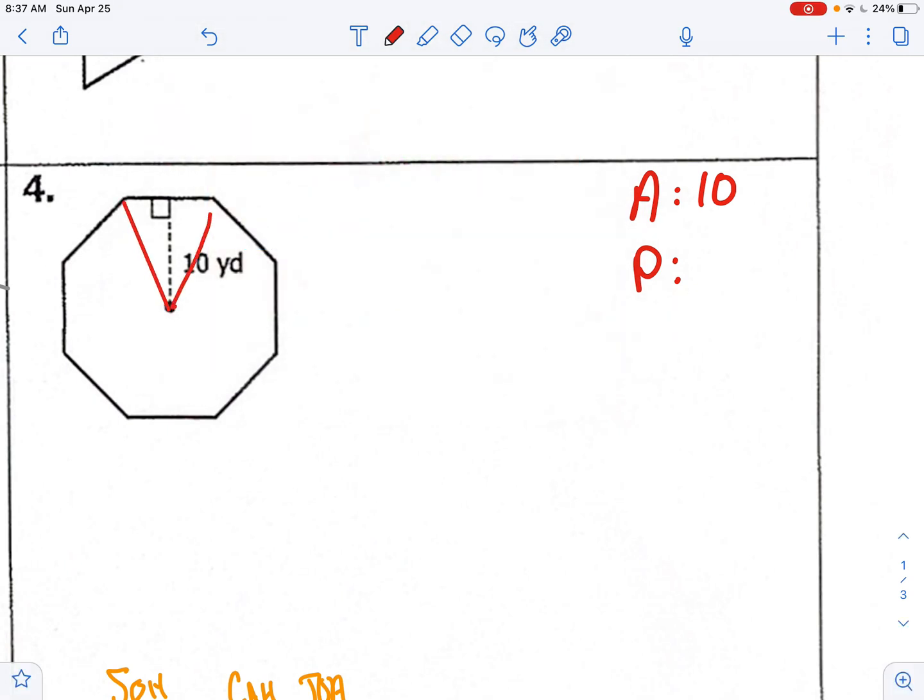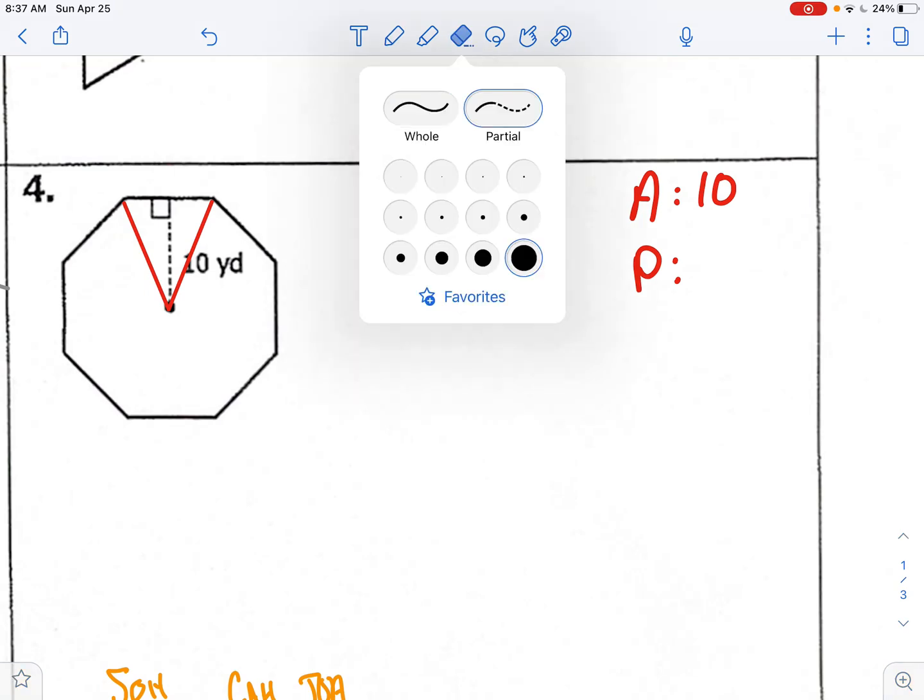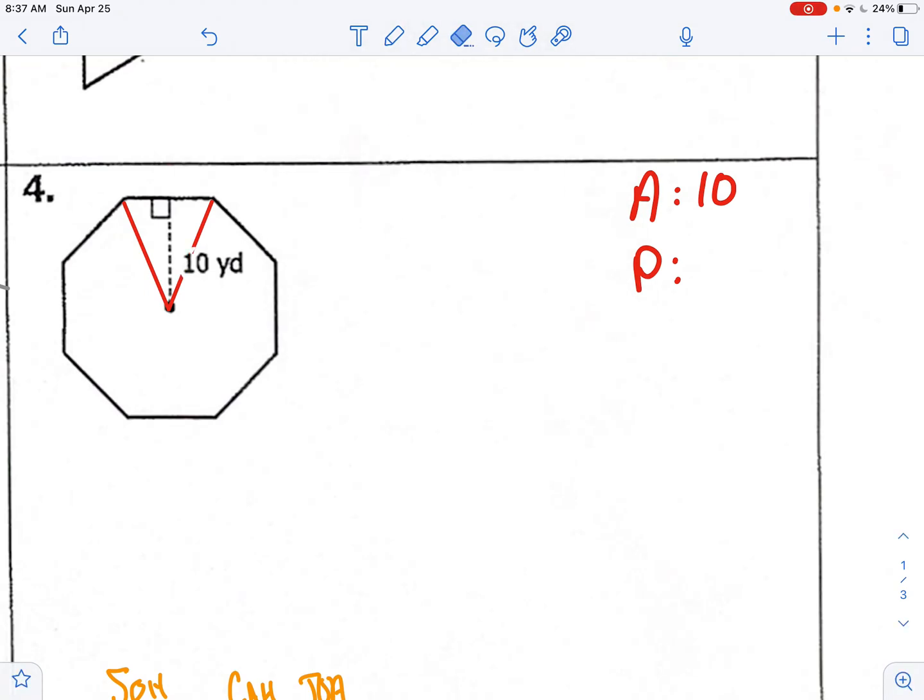I'm going to draw in my triangle. And I need to find the central angle in order to do trigonometry. 360 divided by 8 is 45 degrees.